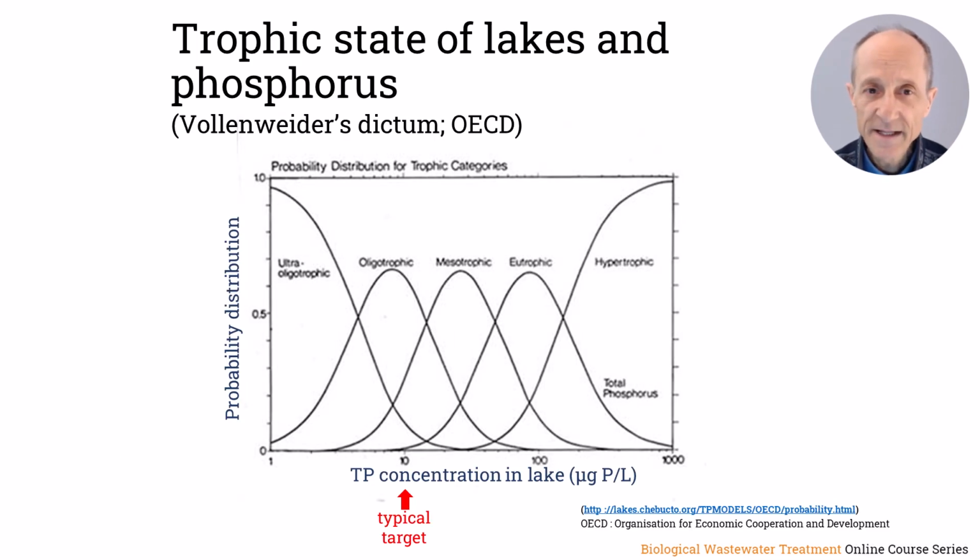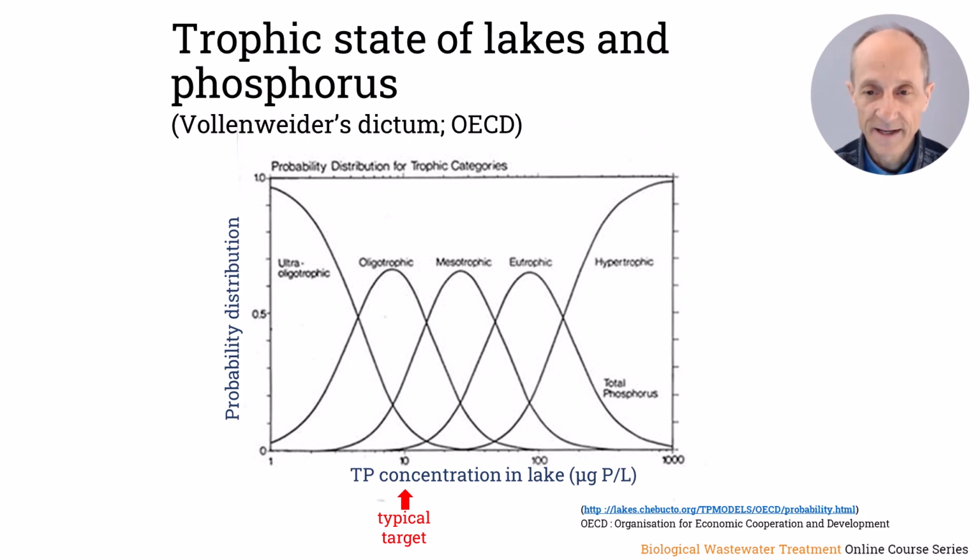The trophic state of lakes can be characterized by their total phosphorus concentration, a general relationship established by Dr. Vollenweider. An oligotrophic lake would be nutrient poor with few plants and very clear water. A eutrophic lake, on the other hand, would be highly productive with lots of plants and algae and less clear water.